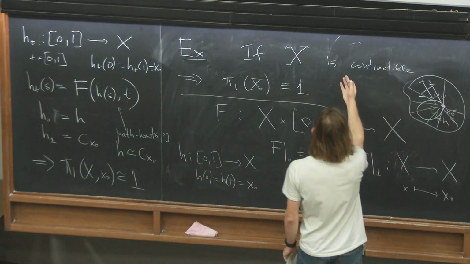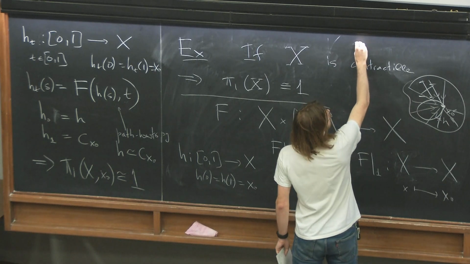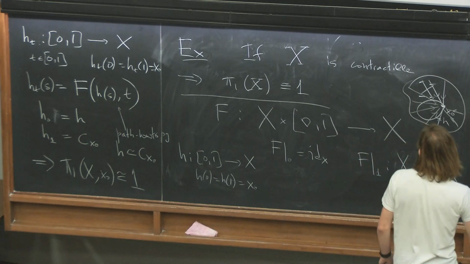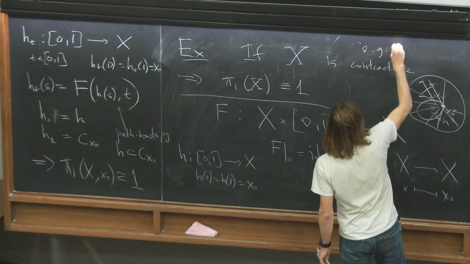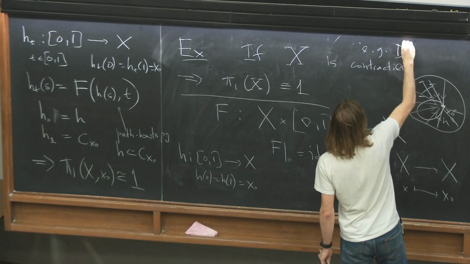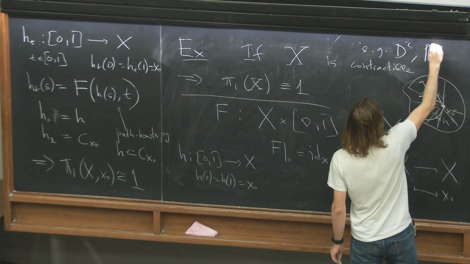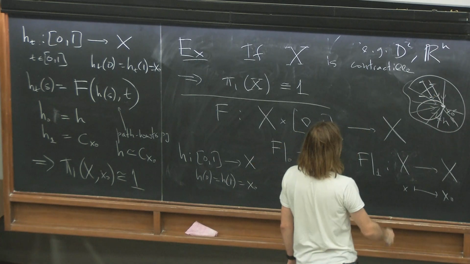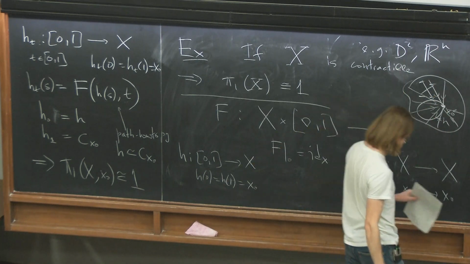And we considered examples of contractible spaces, such as a disk or Euclidean space.